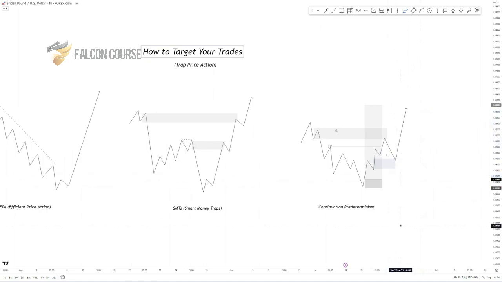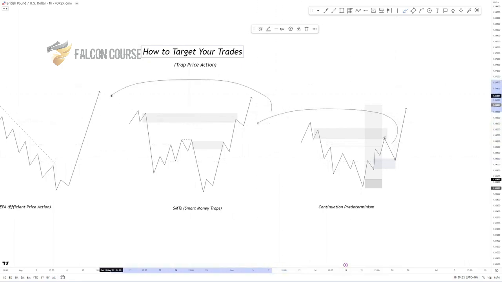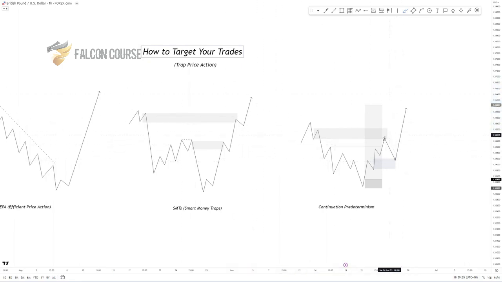So it's that intention and that predeterminism the market can give which can benefit us, especially when we're in a trade like this. Another factor we'll see is from here to here, we'll have either this or we'll have either this. Why? Because we're trapping reversal traders because we're having a pullback and a continuation to the upside. So creating this form of inducement and a continuational POI is where our predeterminism comes in.